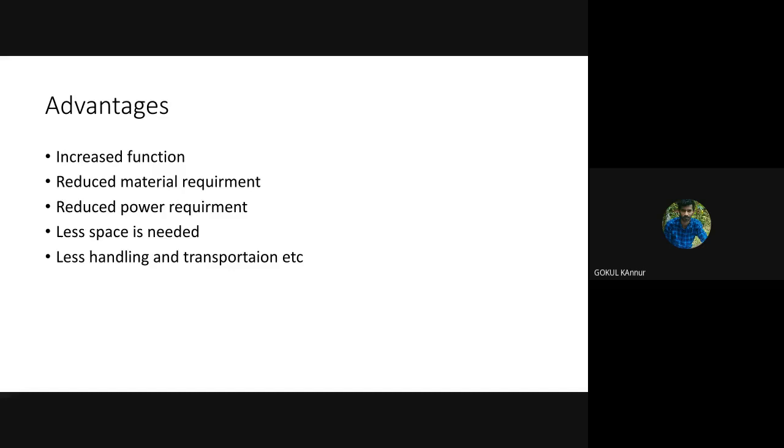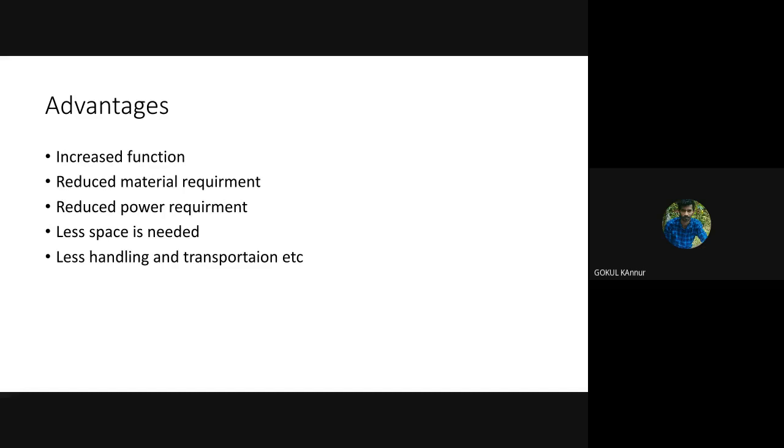Then reduced material requirement. That is a simple concept. If the size of the product is small, we need only a small amount of material. If expensive materials are to be used, then if miniaturization is possible, it will be economical. So that is the second case, reduced material requirement.